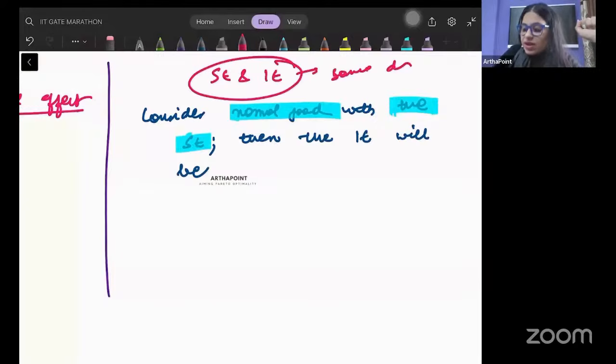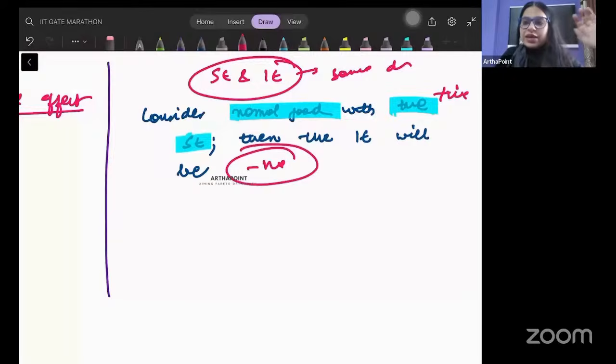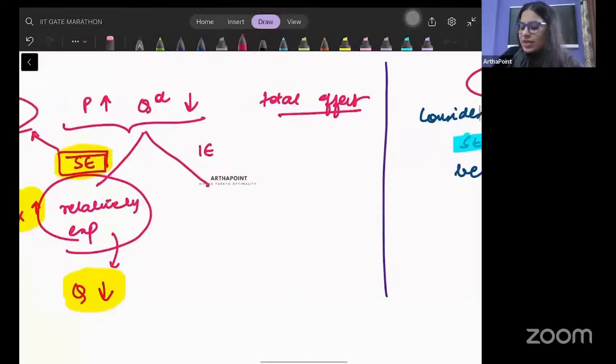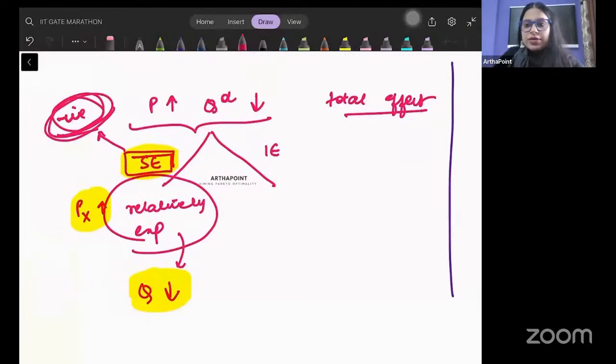So if we are told that this is positive, then I will have to mark positive as the answer. I cannot think about what will happen to the law of demand, because the law of demand says that this should be negative, right?